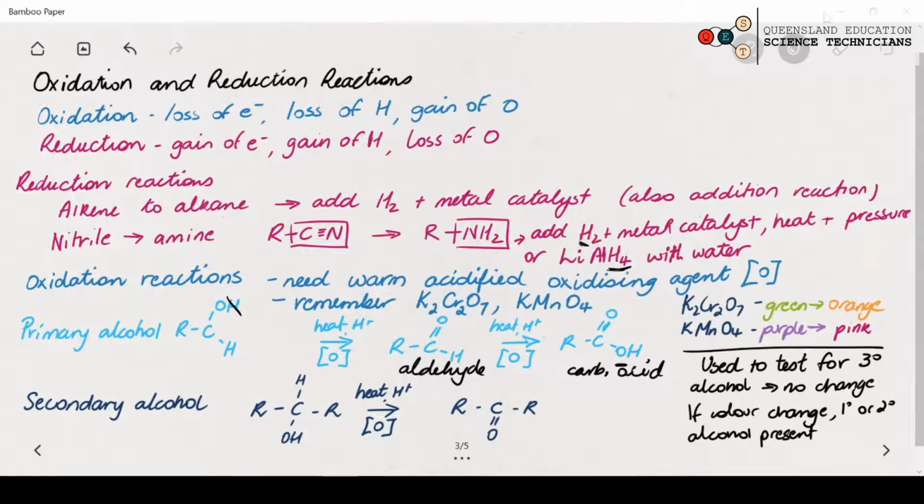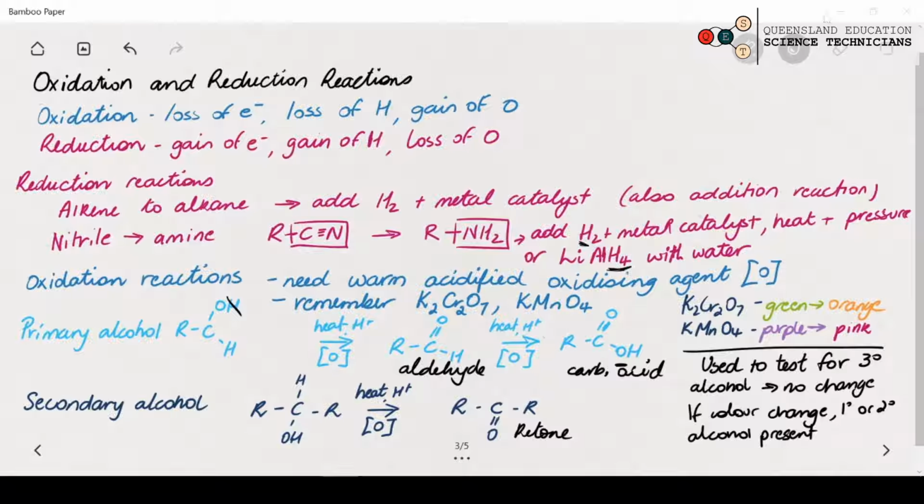So it can't be oxidized any further. When we have our ketone, because I've already oxidized it as much as it possibly can with this double bond, it means that I can't oxidize any further.